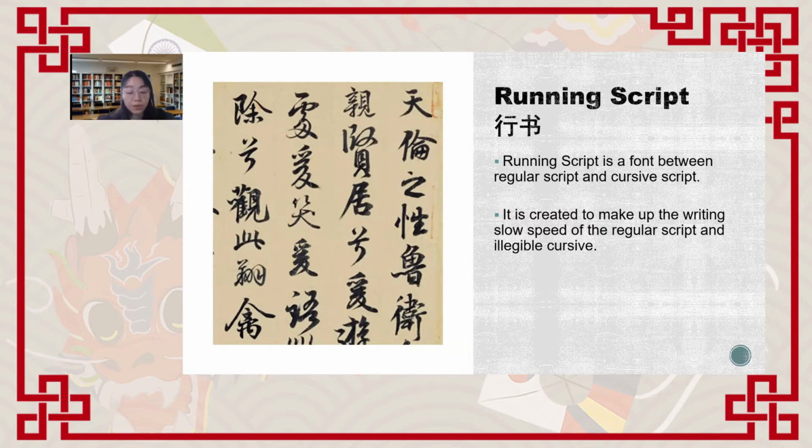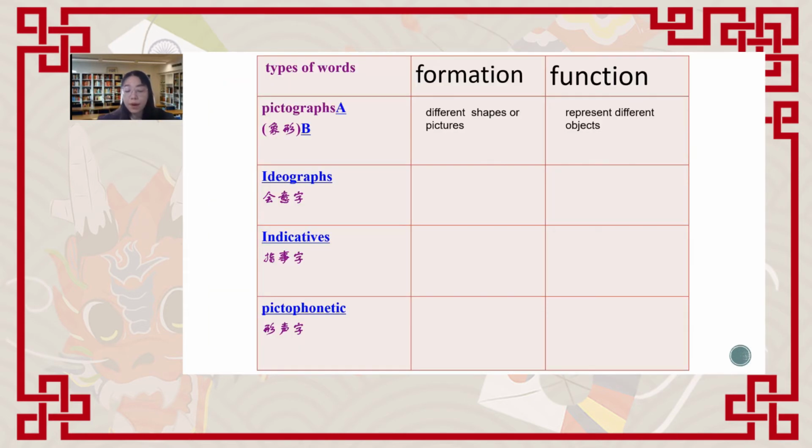And in Chinese characters, there are 4 types of words. This part is the most important one in my presentation. I will introduce them in 2 different ways. One is formation, the second is function.